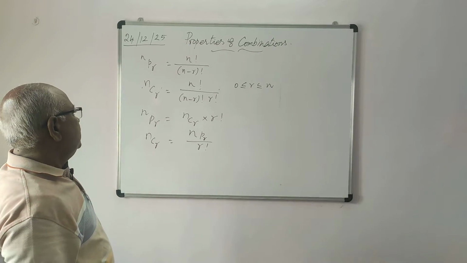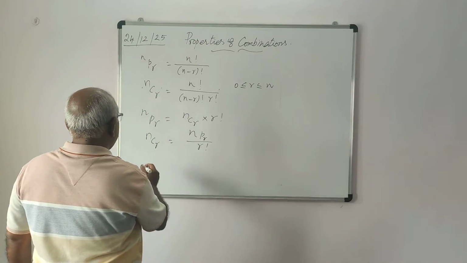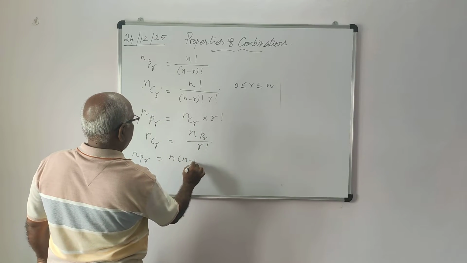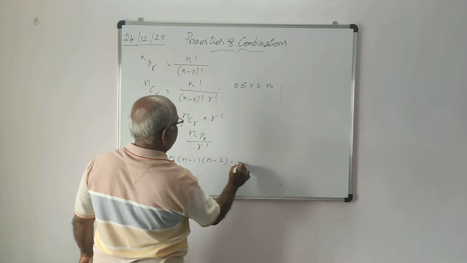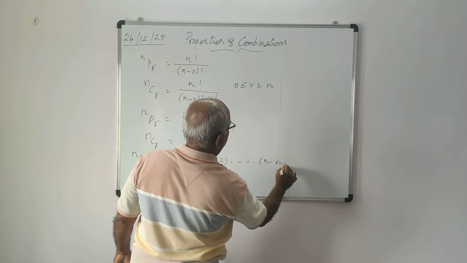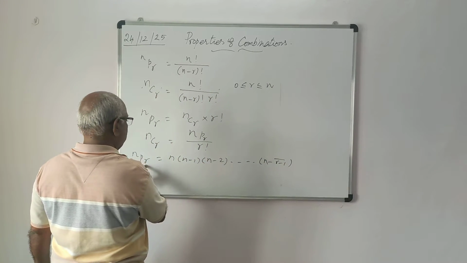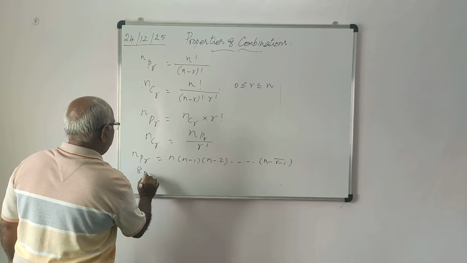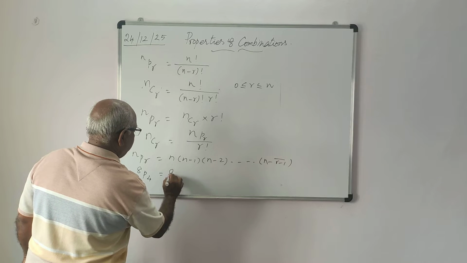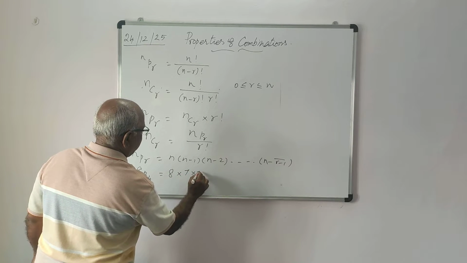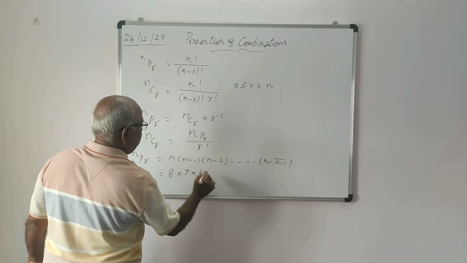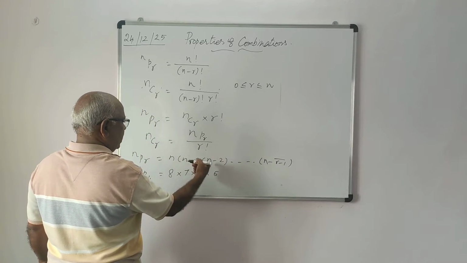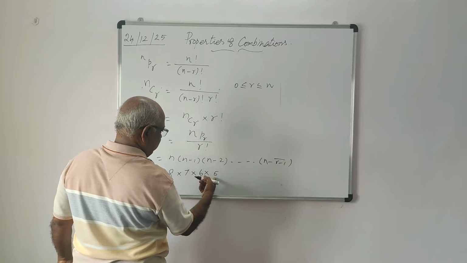You know that nPr equals n into (n minus 1) into (n minus 2) and so on, up to r terms, the last being n minus (r minus 1). For example, 8P4 is 8 into 7 into 6 into 5, that is 8 into (8 minus 1), 7 into (8 minus 2), 6 into (8 minus 3), 5.